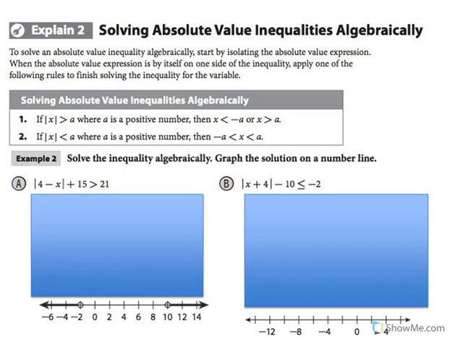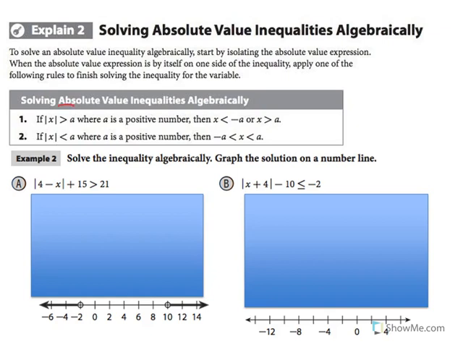To solve an absolute value inequality algebraically, start by isolating the absolute value expression. When the absolute value expression is by itself on one side of the inequality, apply one of the following rules to finish solving the inequality for the variable. Number 1: if the absolute value of x is greater than a, where a is a positive number, then x is less than negative a or x is greater than a.